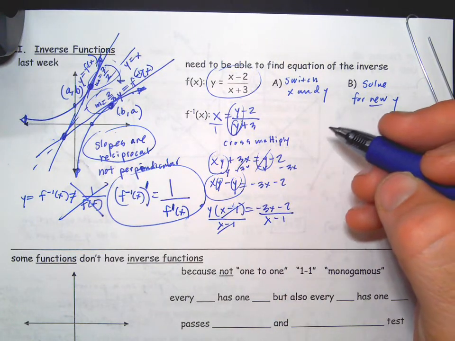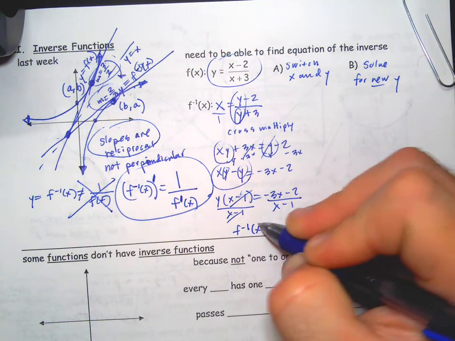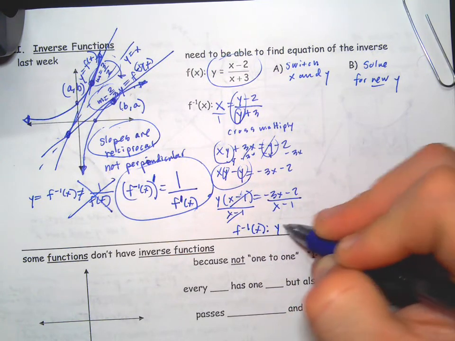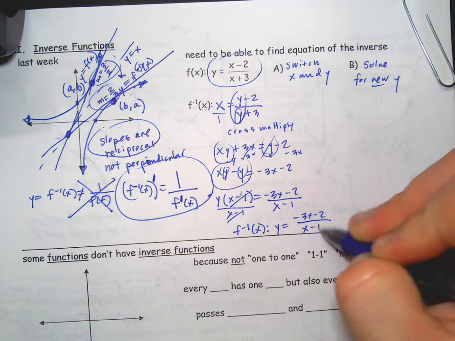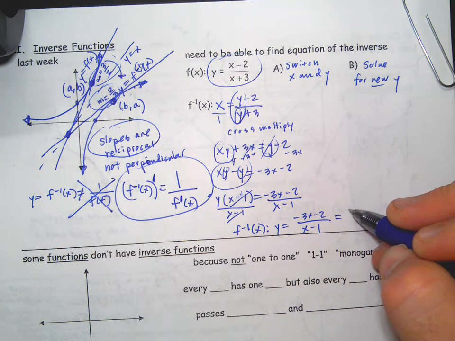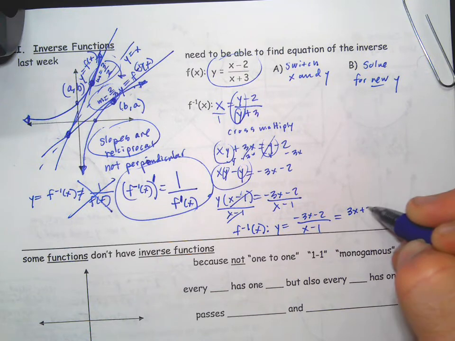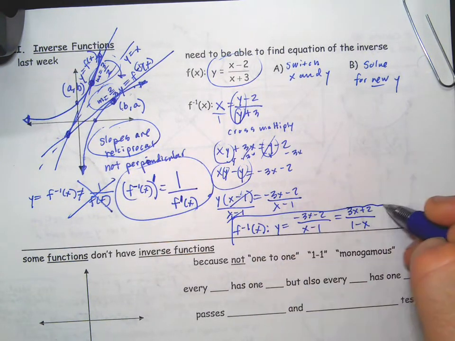And so the new inverse function, f inverse of x, is going to be y equals -3x minus 2 over x minus 1. Alternatively, you could factor a negative out of the top and bottom. You get 3x plus 2 over 1 minus x. But one of those would be your answer.